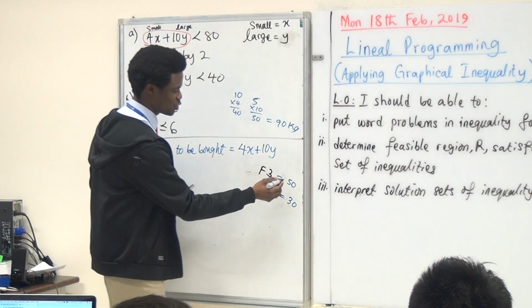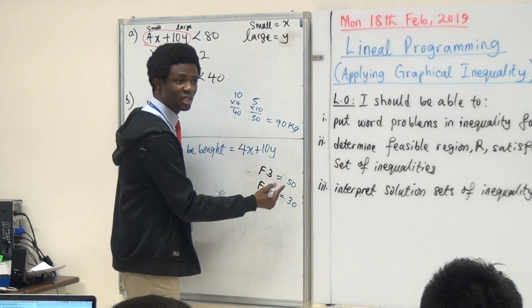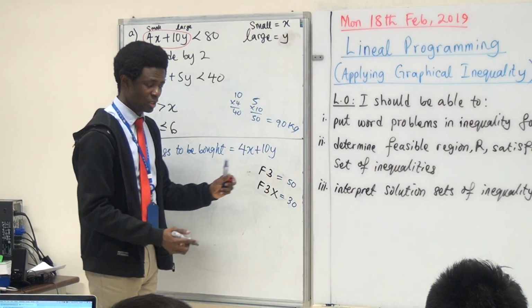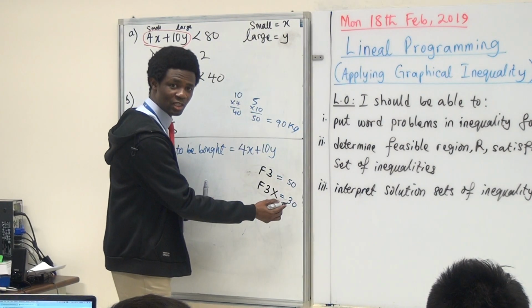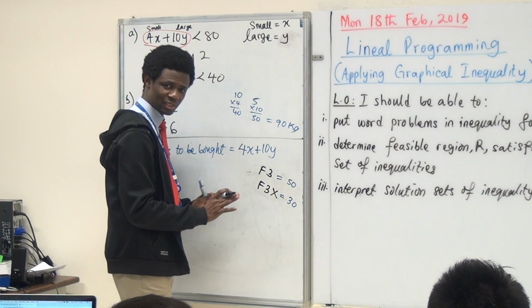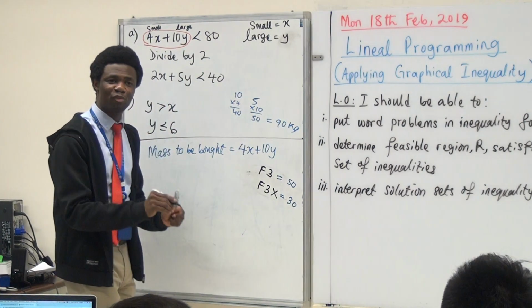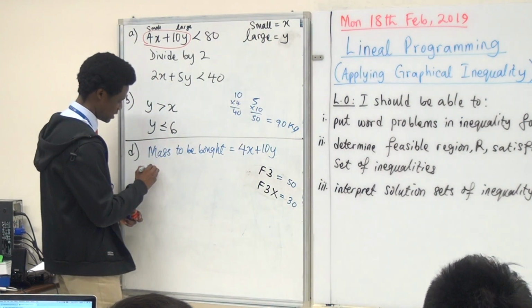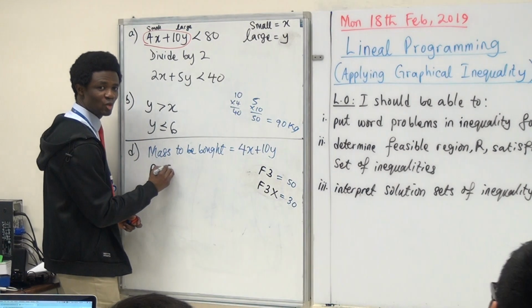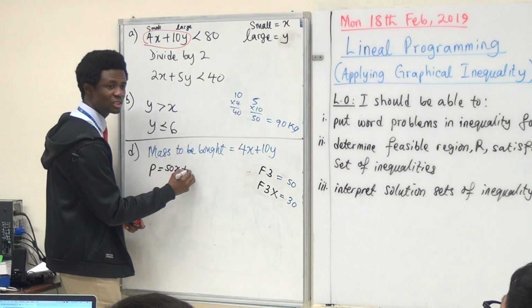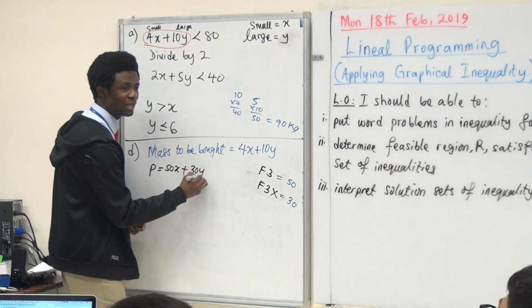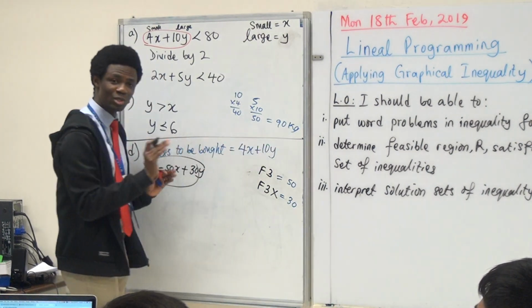So the number of this one we sell times 50 is the profit on this one. The number of this one times 30 is the profit on this one. Do you agree with that? So which means our profit function is what? Profit is 50x plus 30y. Now this is the function you are dealing with here.